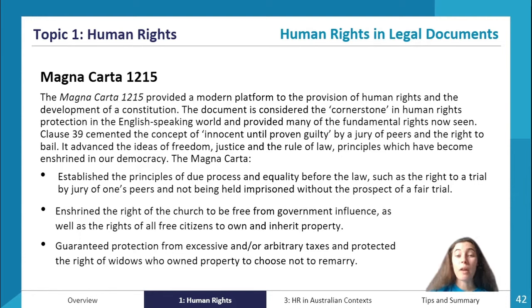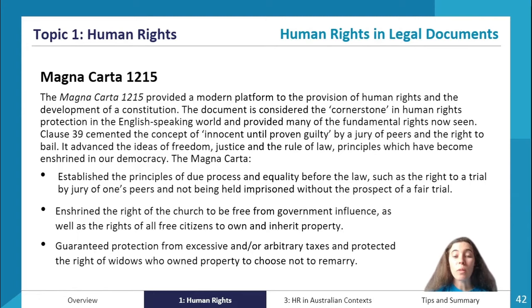It also advanced the ideas of freedom, justice, and the rule of law, and these are principles which have become enshrined in our democracy. So it established the principles of due process and equality before the law, such as the right to a trial by jury and not being held imprisoned without the prospect of a fair trial.